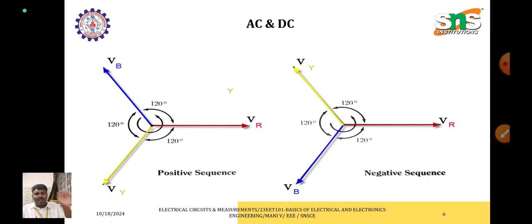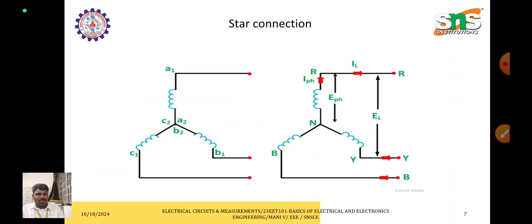Suppose red, yellow, blue goes anti-clockwise, it is the negative sequence component. And what is the zero sequence component? All the three phases are in phase. That is nothing but the zero sequence component.